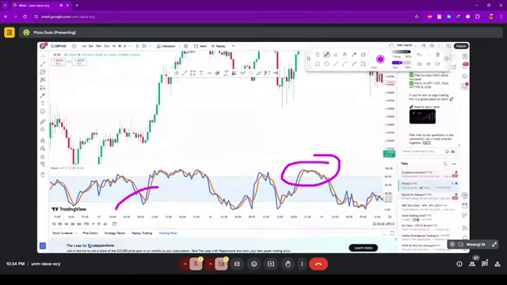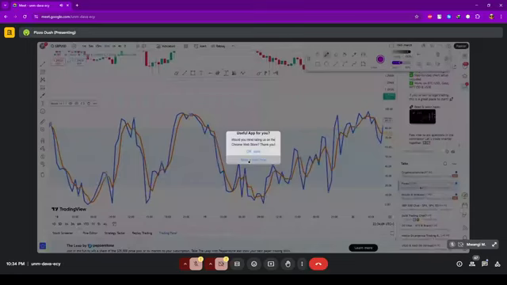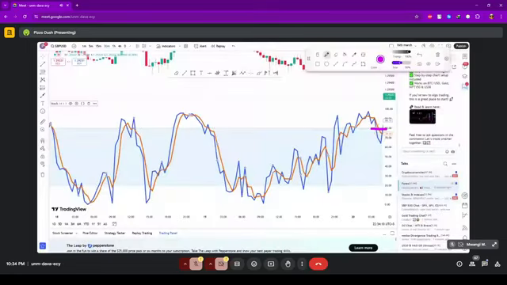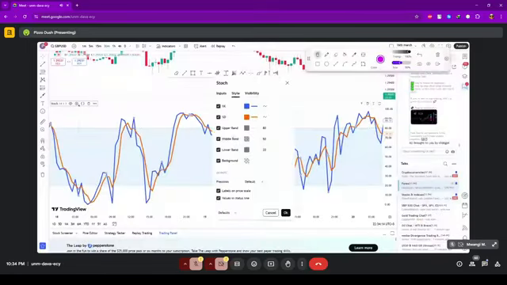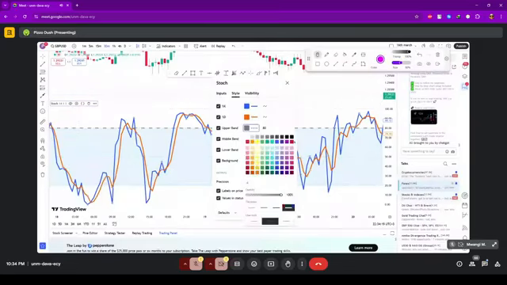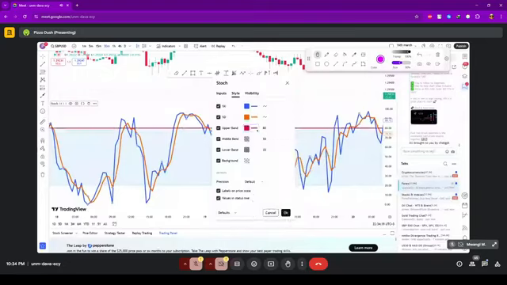Utapata stochastic RSI is above 80. Let me highlight hii level ya 80 ndo muone vizuri. 80, we highlighted, ikuwe red na ikuwe straight line.